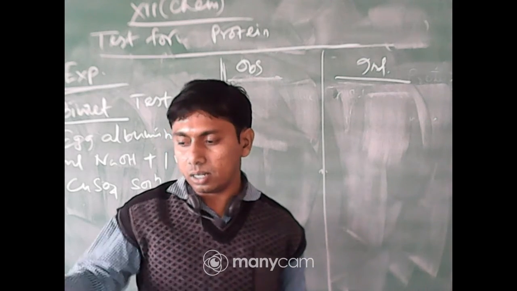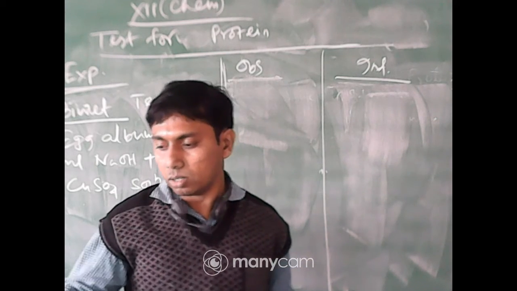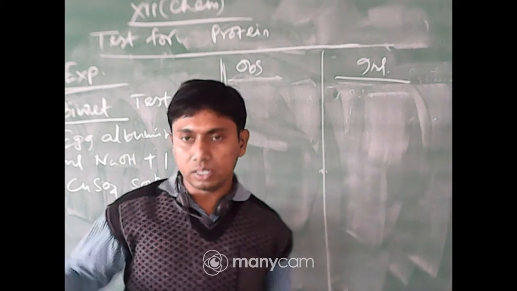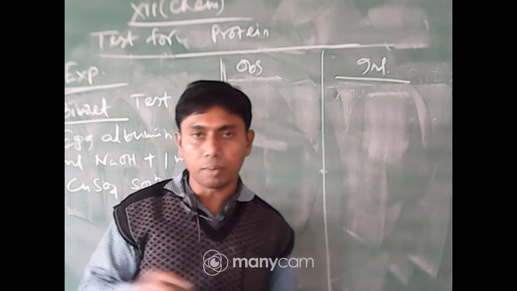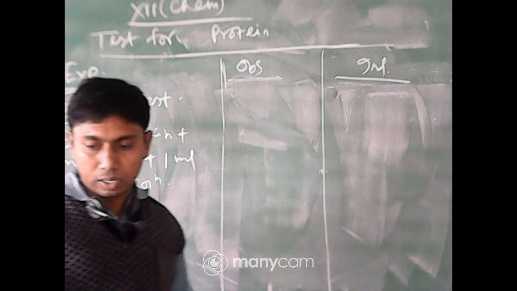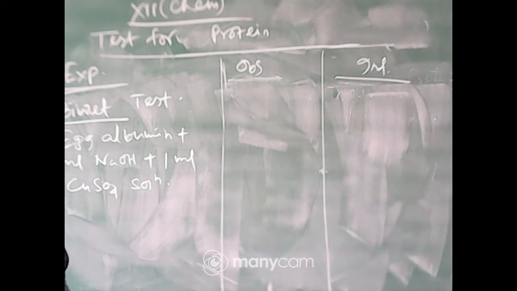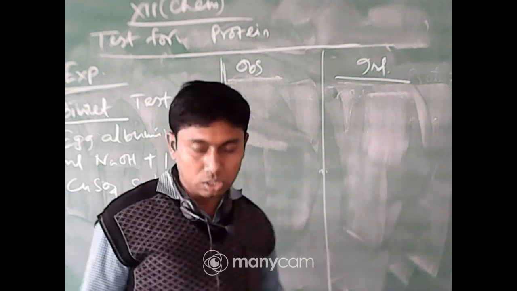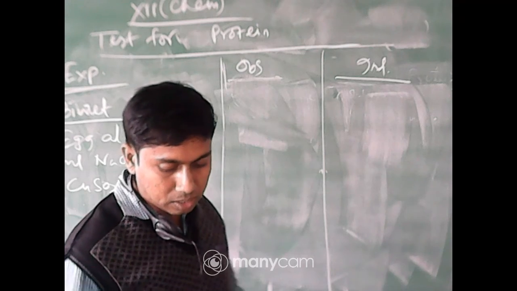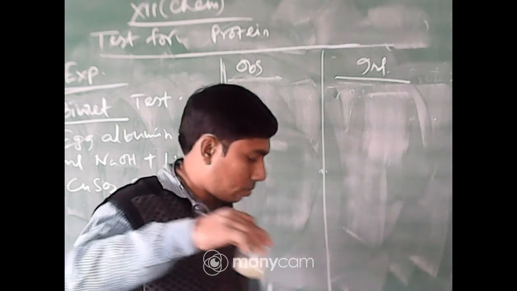It detects the presence of protein. This test is used in biochemistry. When a sample, that is a urine sample, is tested with ninhydrin, it shows whether protein is present in the sample.